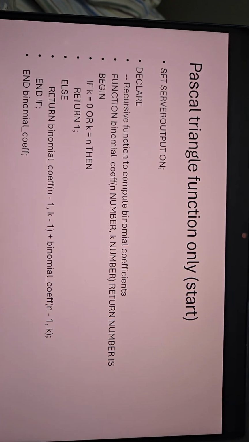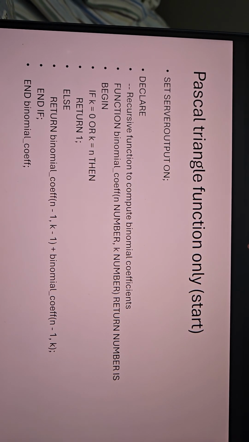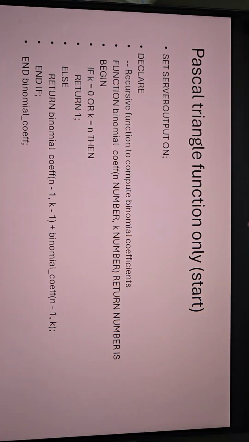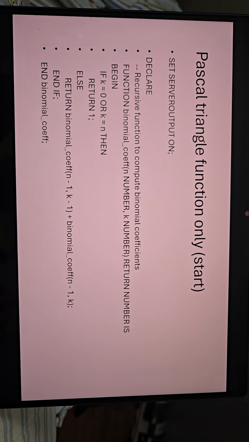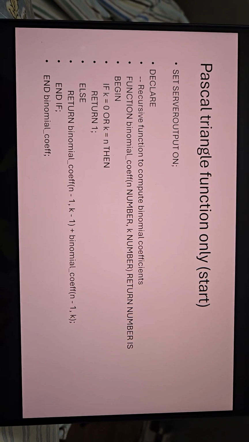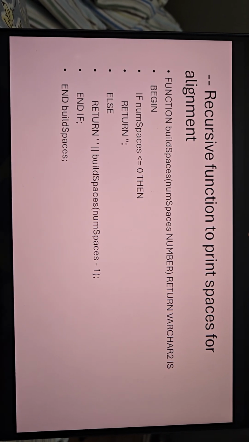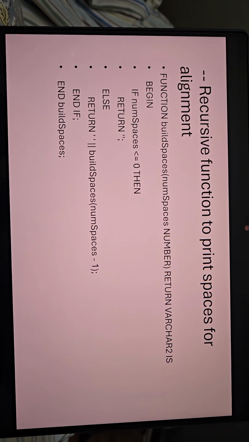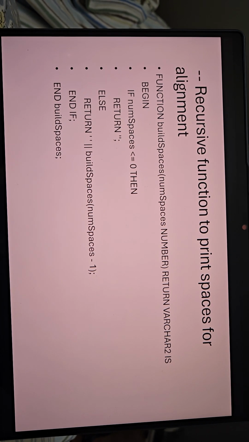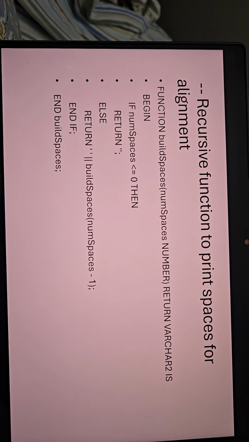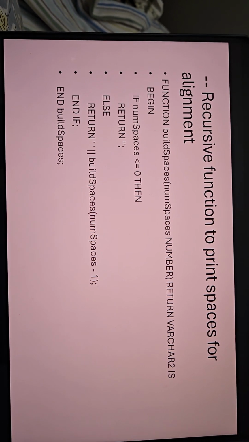So this is my second version of my function. This only uses functions. The first part uses the same recursive binomial coefficient function, and the second part of the function uses spaces. It takes in num spaces and prints out that number of spaces.